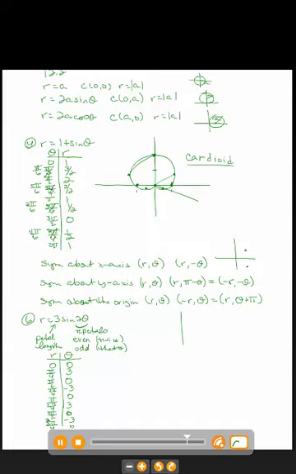So if I graph this, 0, 0 is the starting point. That's also known as the pole. Pi over 4 out a length of 3. Pi over 4 is a 45-degree angle out a length of 3. I'm going to put it out here. And then pi over 2 is back to 0.